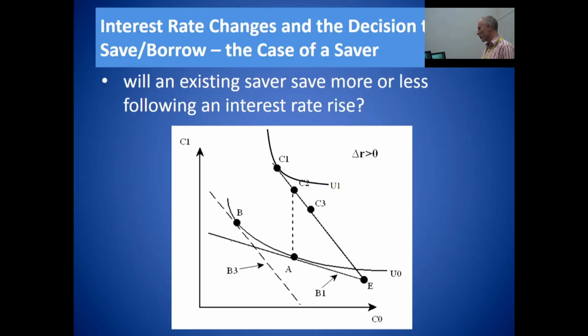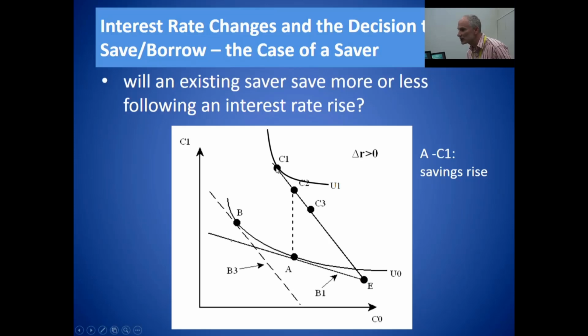And then lastly, what about point C1? This is the confusing one. What about point C1 on the diagram? Well, here we start off at point A, and then the highest possible indifference curve just touches our new budget constraint, not at C3, not at C2, but rather at point C1. So the observed effect is A to C1.